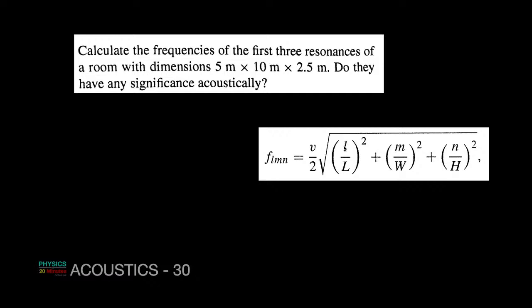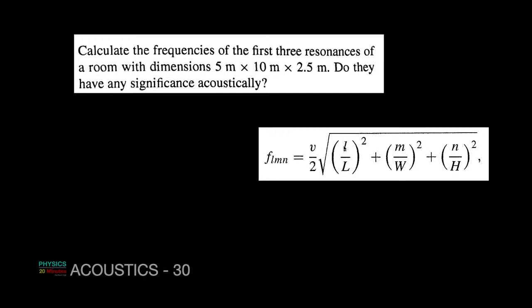By the time L reaches 4, you will reach around 130 hertz, which resonates with the male voice. And by the time L reaches 8, you will reach 260 hertz or something, which will resonate with the female voice.